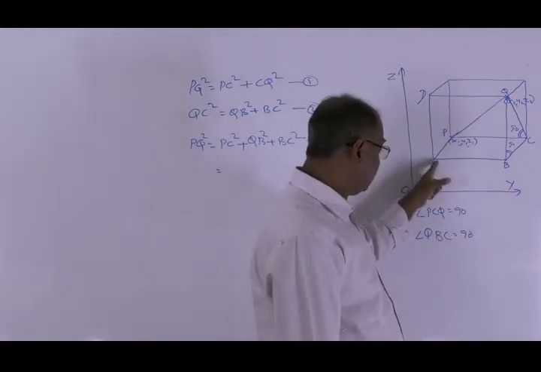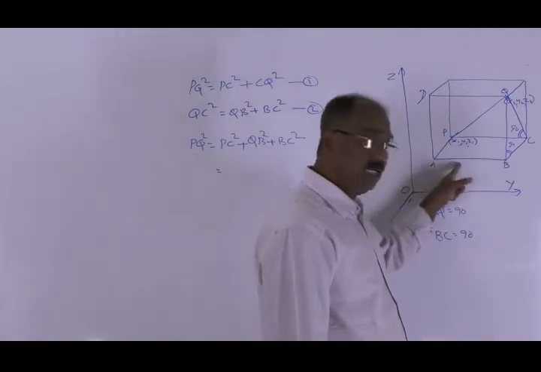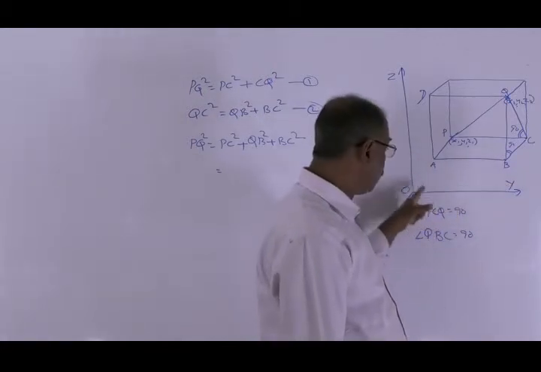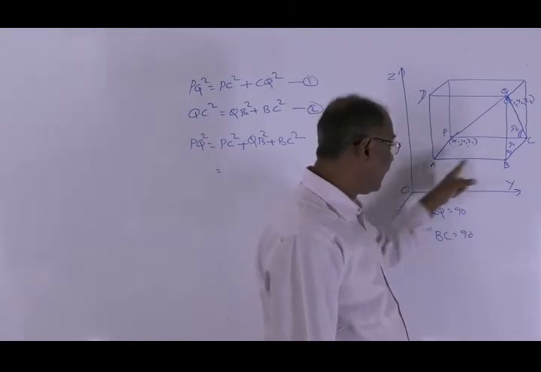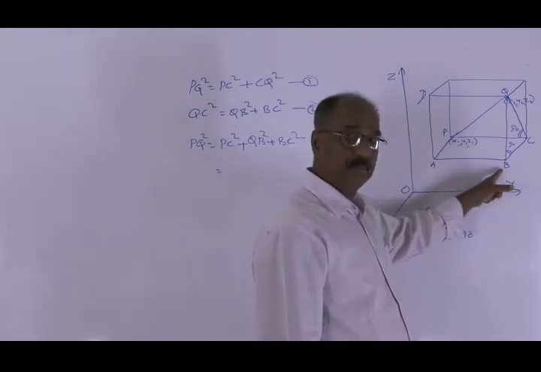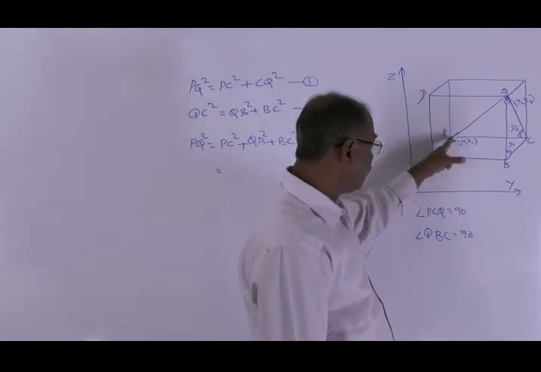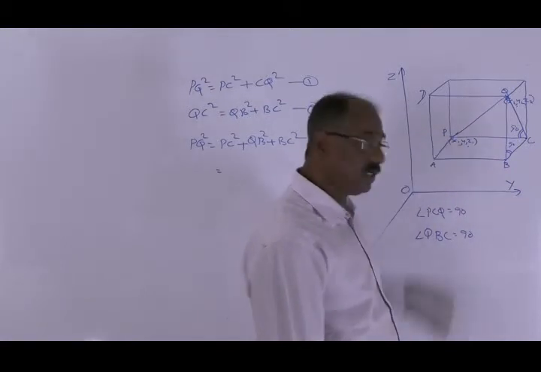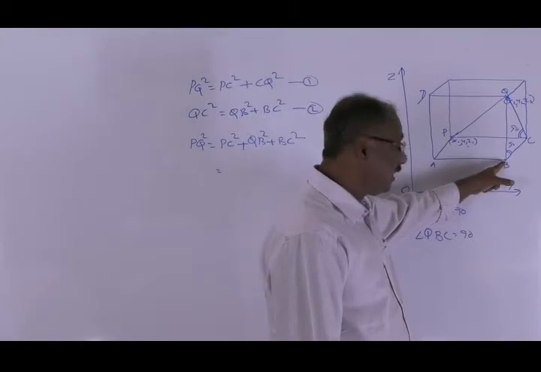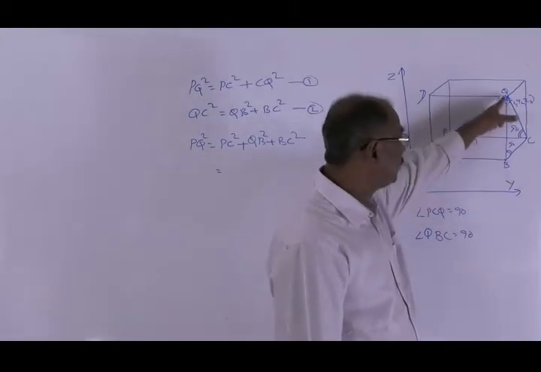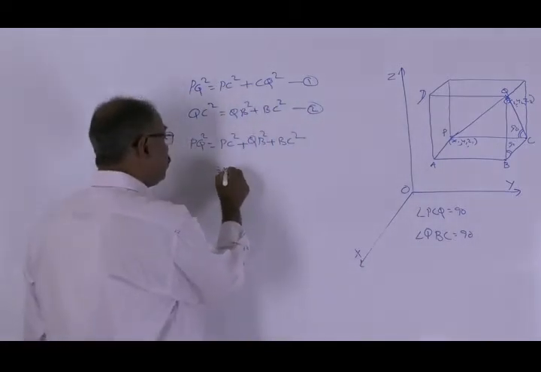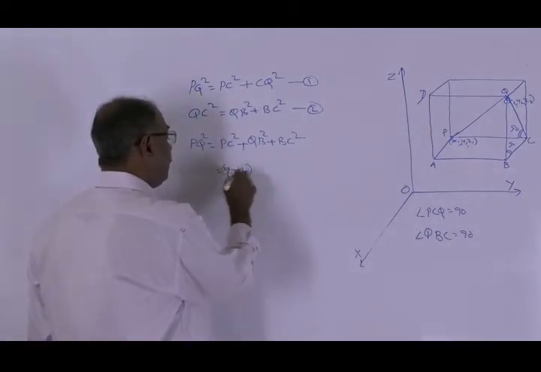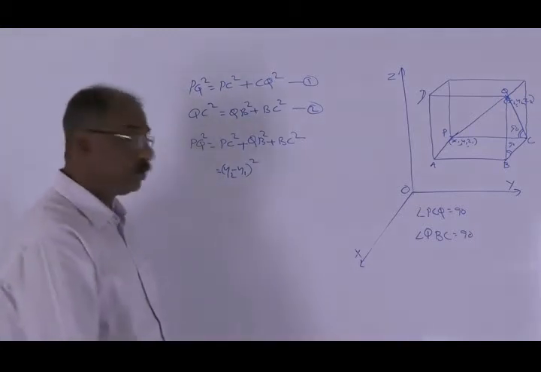And therefore, this distance AB is the difference of the y-coordinates of A and B. Y-coordinate of A is same as y-coordinate of this point B, which is y1. Y-coordinate of B is same as the y-coordinate of this Q, which is y2. And therefore, PC equals y2 minus y1, PC squared equals y2 minus y1 whole square.